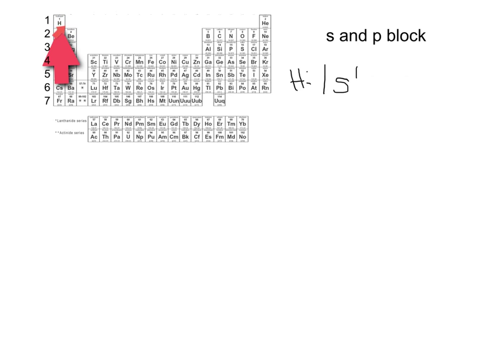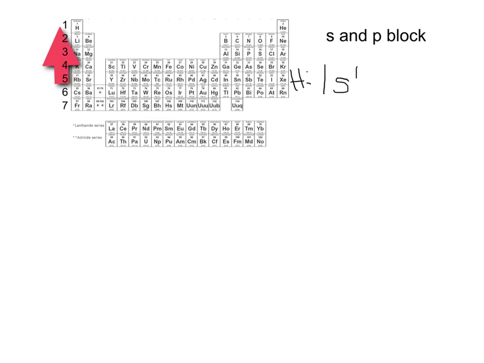The other way you can look at this is how far over do I have to count to get to the element we're talking about? So I'd have to count over 1 to get to hydrogen. I'd have to count 2 to get to here. 1, 2, 1, 2, 3, on and on. So that is the electron configuration for hydrogen.